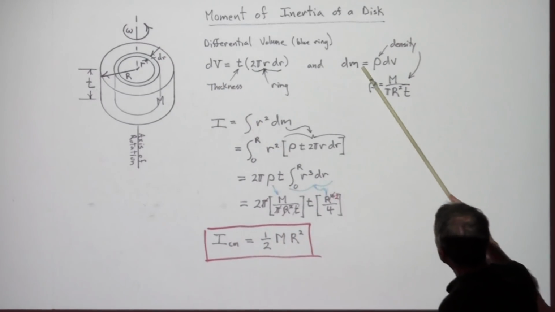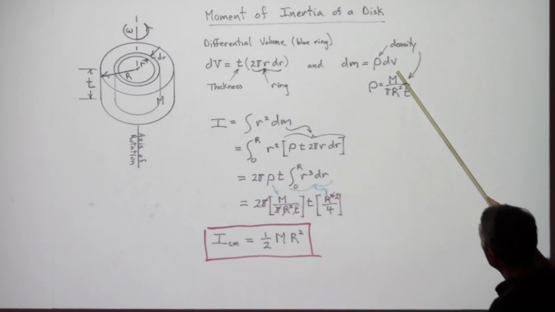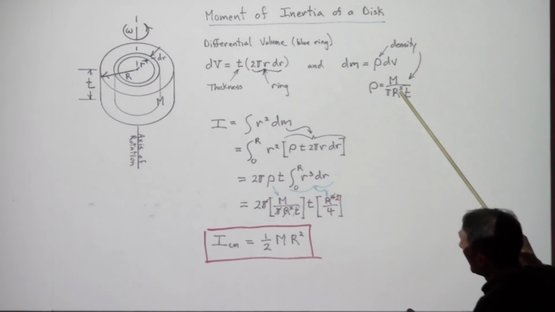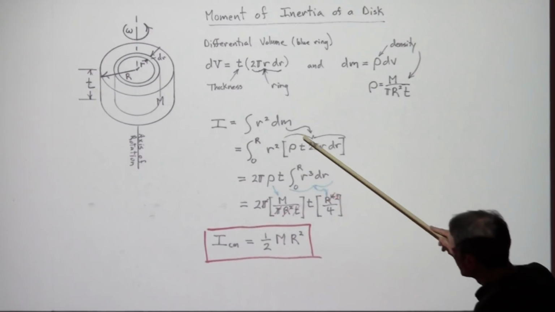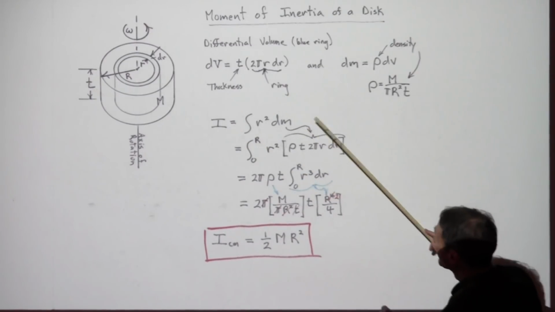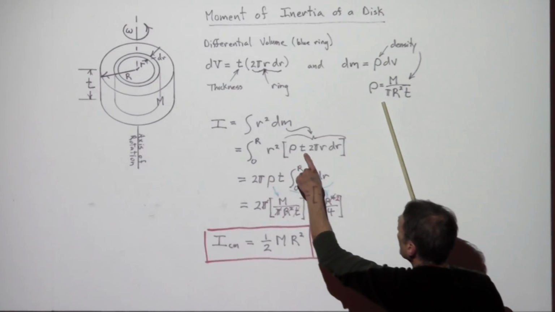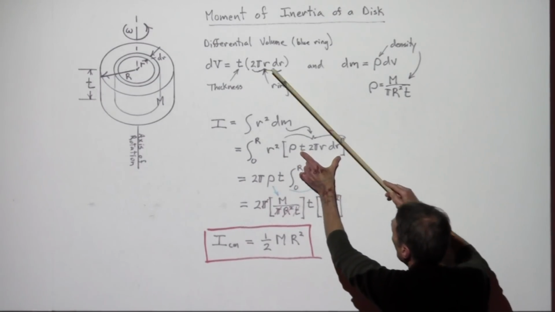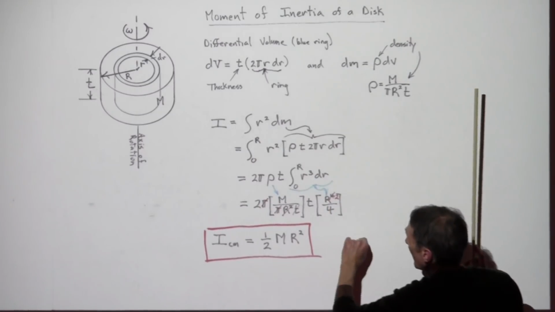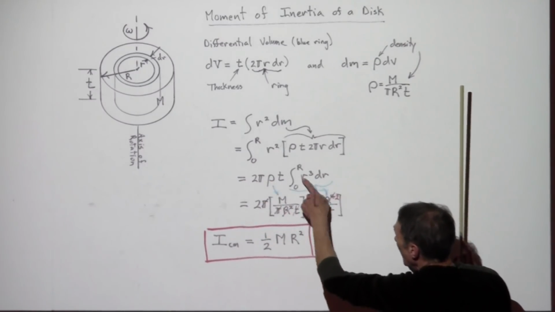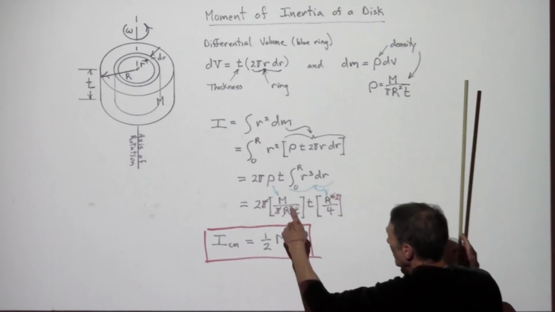By differential, I mean really tiny. And the mass of this thing would be the density times dV. Put that in, and then we go back to this integral form. We've got dm is going to be the density of the material times the volume. That volume is going to be here. And we've got some things we can take out. We're going to have an r cubed that's going to integrate.